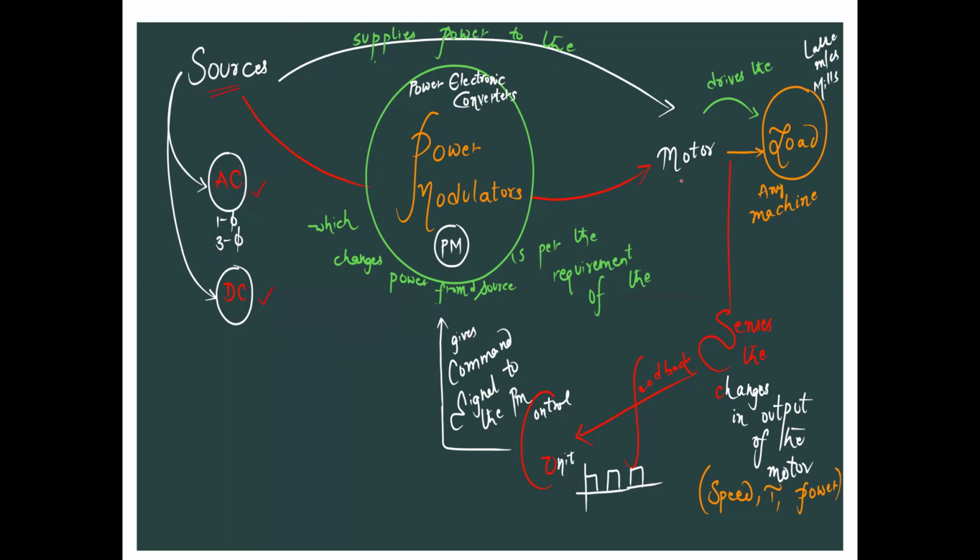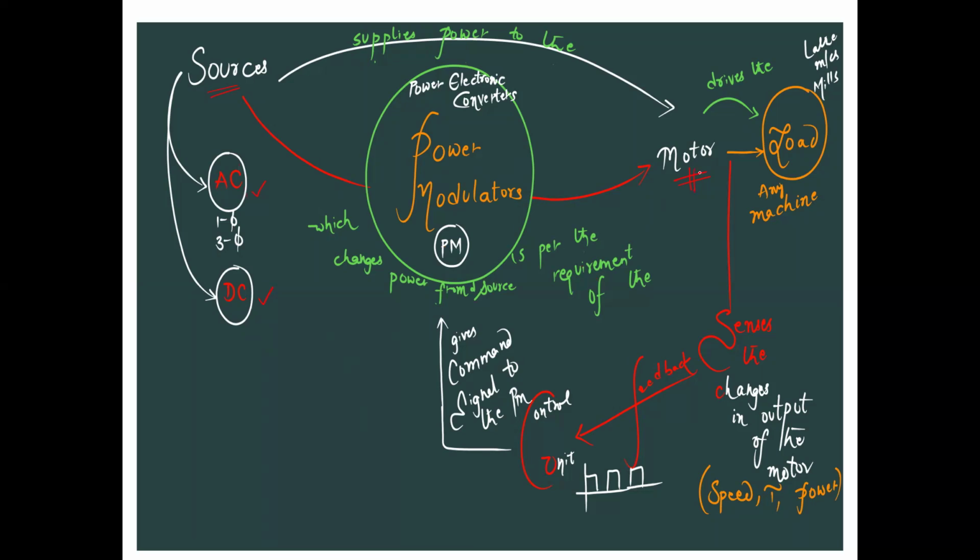In order to reduce that speed, we have power modulators or regulators. This power modulator is equipment which changes power from the source as per the requirement of the motor. Power modulators may be power electronic converters, which can convert AC to DC or DC to AC. Everything is possible there, because it is made only for the requirement of the motor.